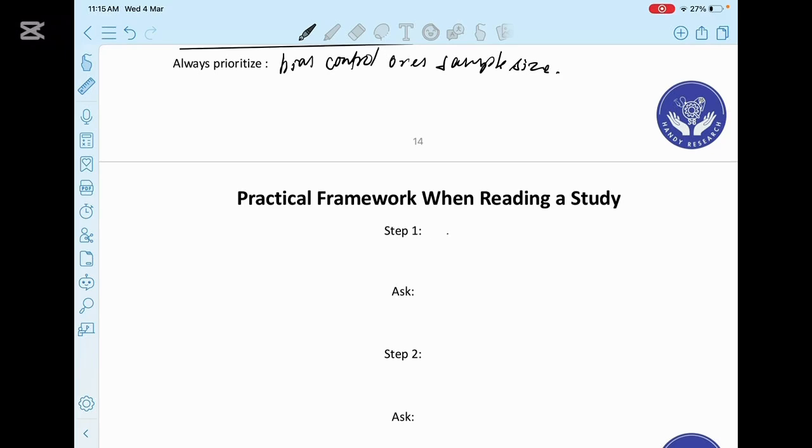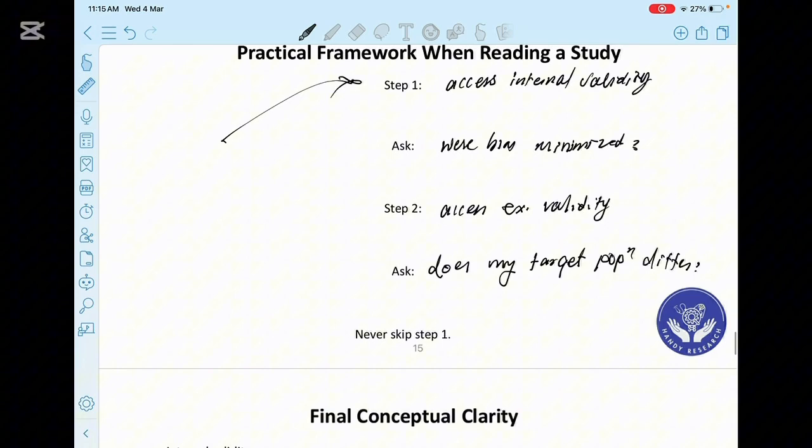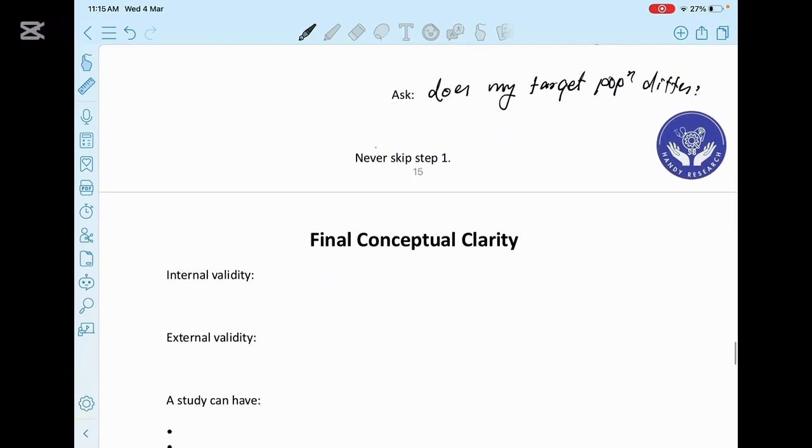Step 1, assess internal validity and ask, where is bias minimized? Step 2, assess external validity and ask, does my target population differ? But remember, never ever skip step 1. First do step 1, then step 2.